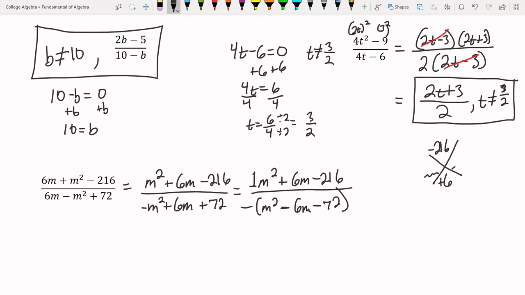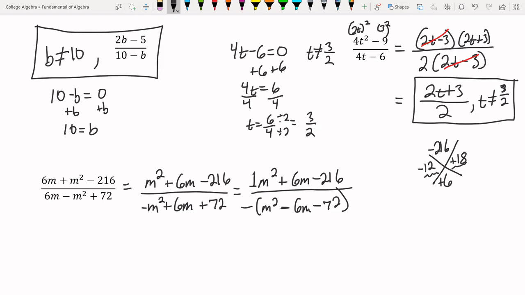What two numbers multiply to give negative 216 and add to give positive 6? You can run through the factors of 216. 1 times negative 216 is negative 216. You add those and you get negative 215. You can run through all those factors. What you'll find is eventually you have negative 12 and positive 18.